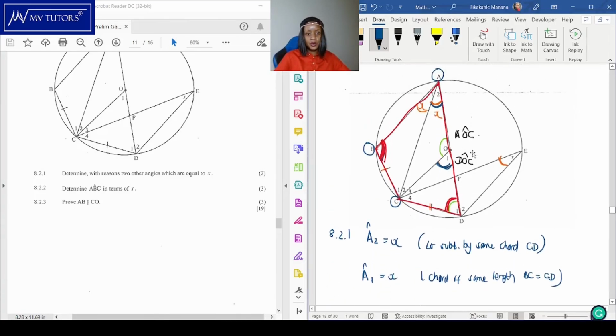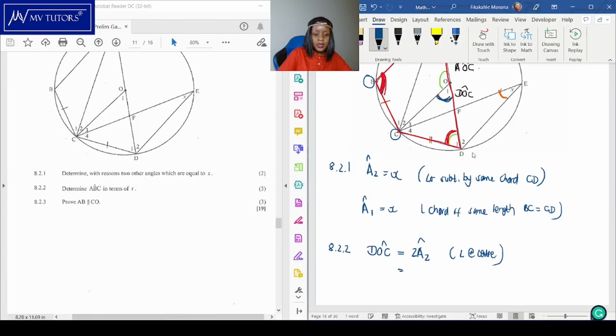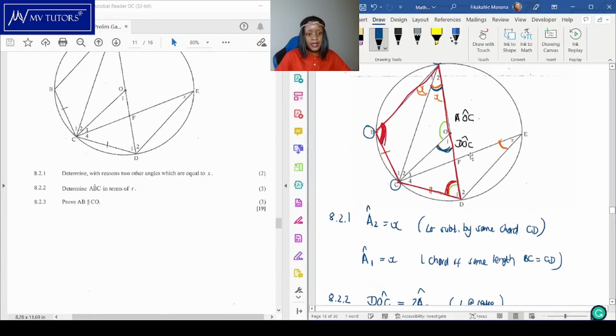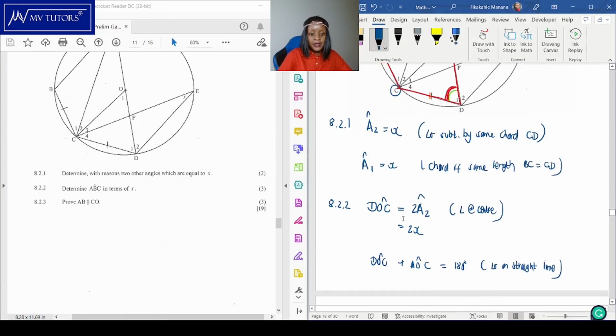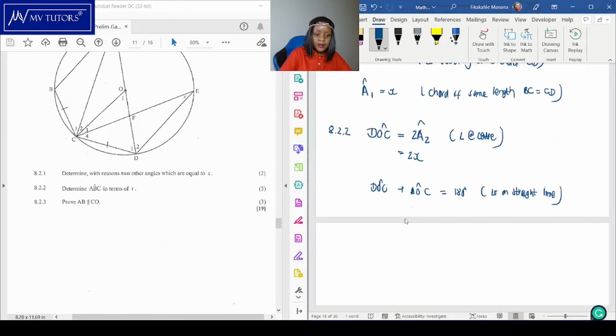So I know A2 is equal to X, therefore DOC will be equal to 2X, right? Great. Now, if I know DOC, then I can get AOC because DOC plus AOC are both equal to 180, the sum of angles on a straight line. Okay, I know DOC, which is 2X, therefore AOC is equal to 180 minus 2X.